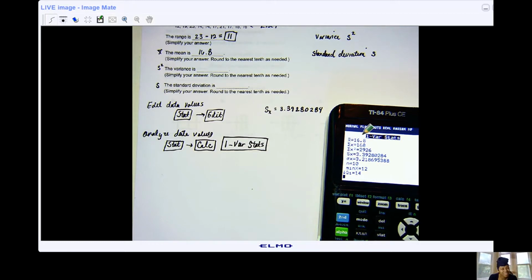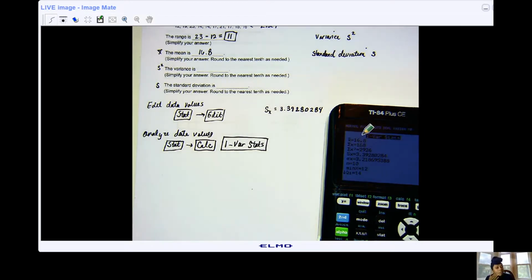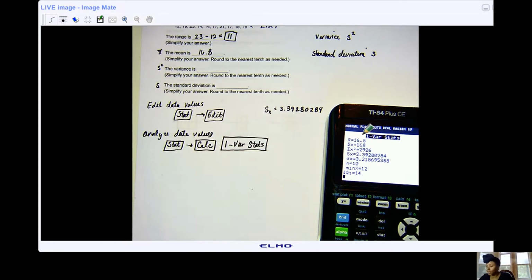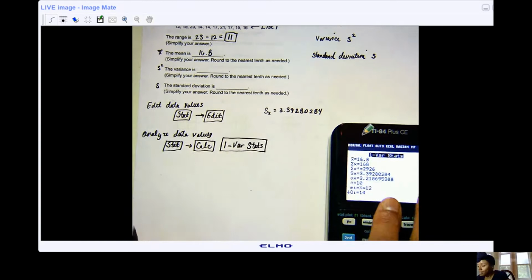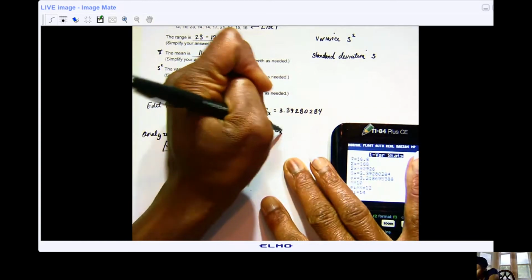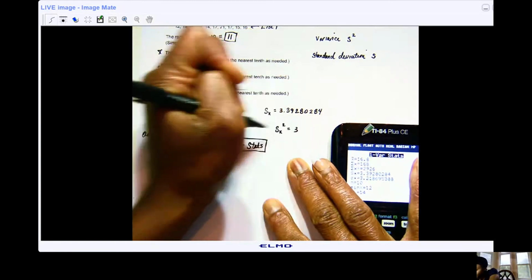Now, if it was a homework, you know, do it again or take that little loss. But on a test, I know you want all your points, okay? So just keep that in mind. The calculator doesn't necessarily give you partial credit. So let me know. All right, so now we're going to square that to get the variance.